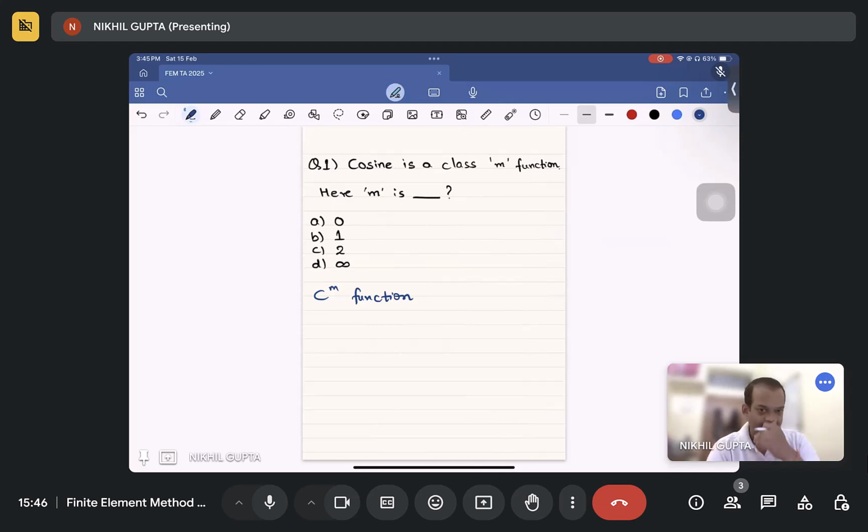Let us say the function x square is a C^m function. What does it mean? No idea? Okay, no problem. So a C^m function signifies that the m derivatives of this function are continuous.